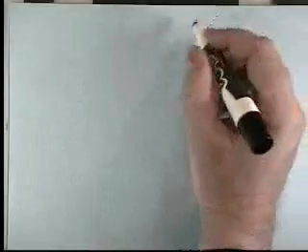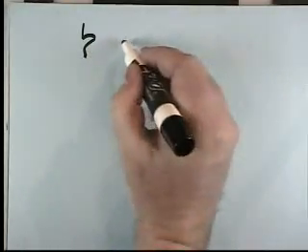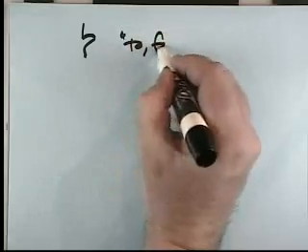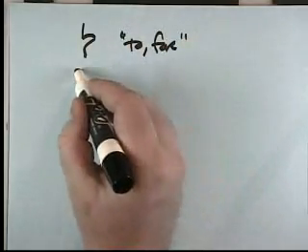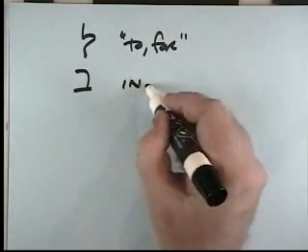In the same manner, the conjunctive vav attaches to the front of a word. Let's take a look at what we're talking about. We have the inseparable preposition lamed, and this is the word to or for. And we have the inseparable preposition bait. This is in or with.